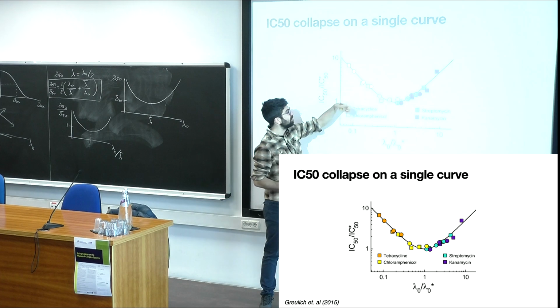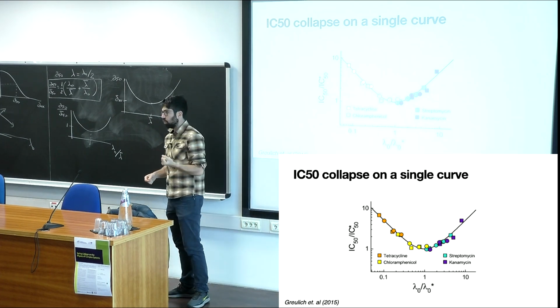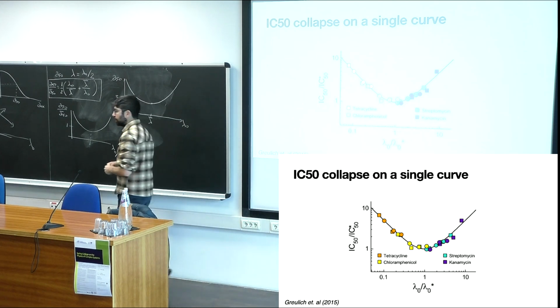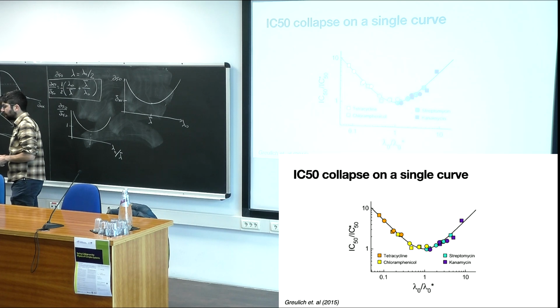You have nutrient conditions that are glycerol plus something or glucose plus something. As for the squares, I don't know, because they are scaled by lambda bar, so it's not obvious.